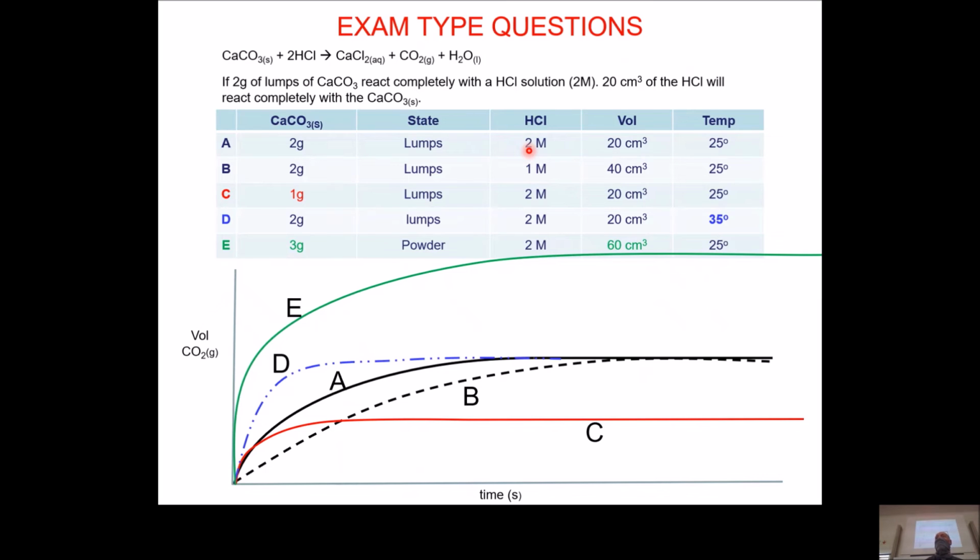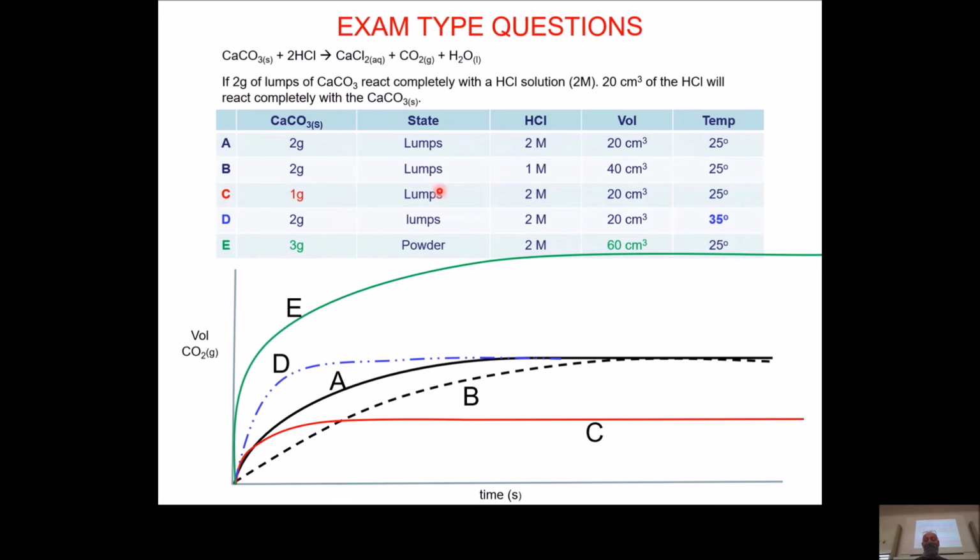C, if that 1 gram is 20 centimeters cubed, do they still do it in 2? Well, remember, for all of this to react, it says here 2 grams will react with 20.